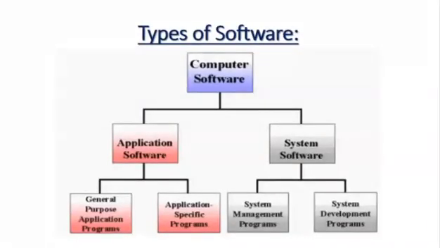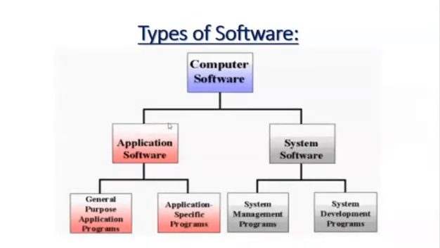So my dear students, we will know about the types of software now. Computer software can be divided into two parts. First of all, on the left side you can see the application software. After that, on the right side you can see system software.